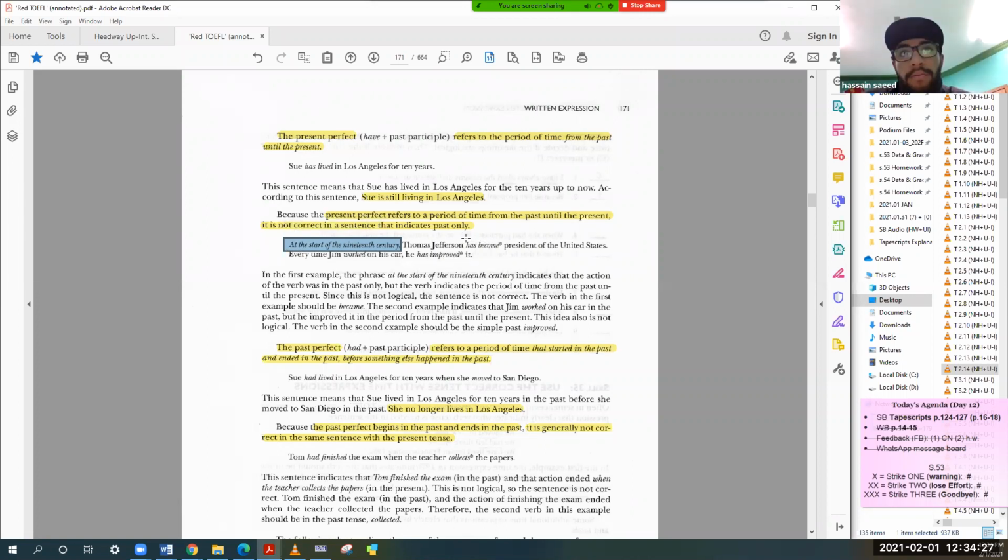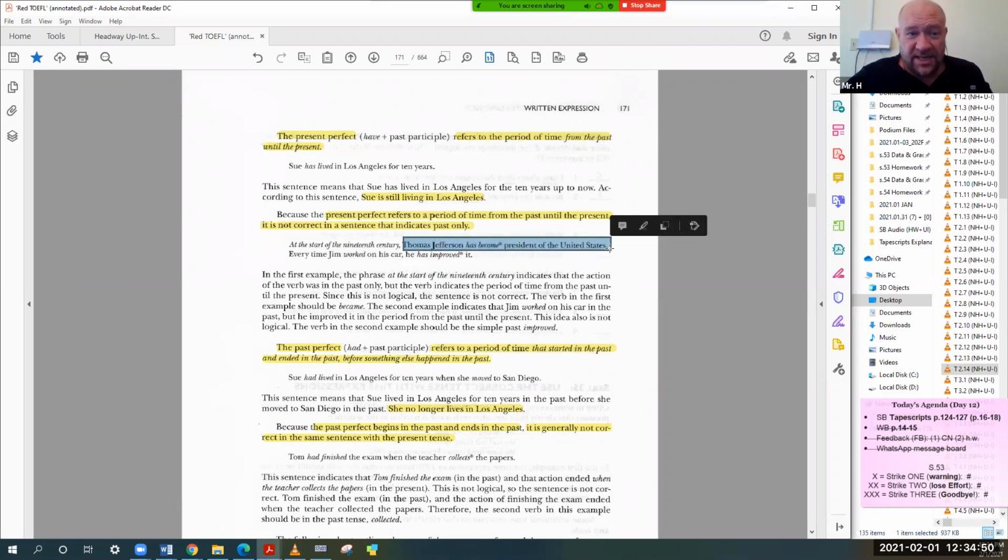That's past perfect. I don't want past perfect. What should I use? Past simple. Became. Just use the past simple. So how do I do this in the past simple? Jefferson became the president of the United States.